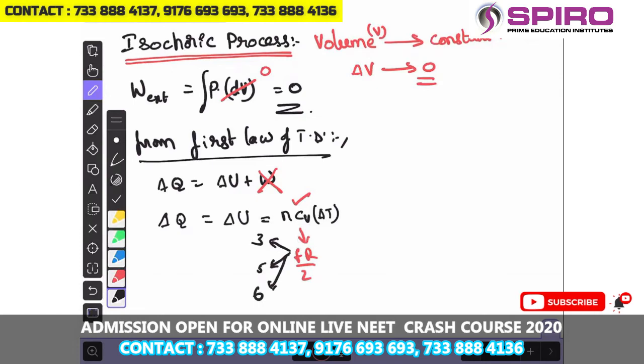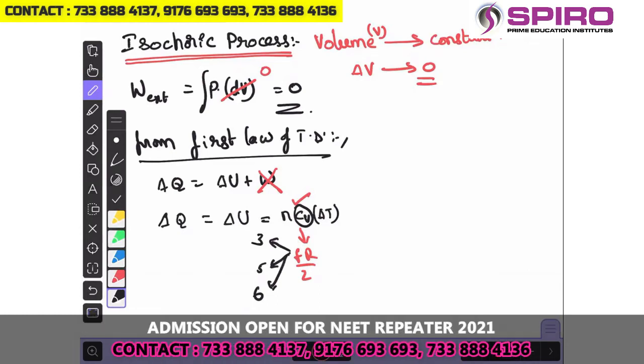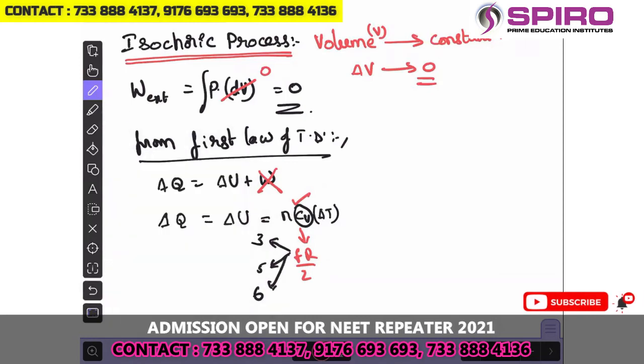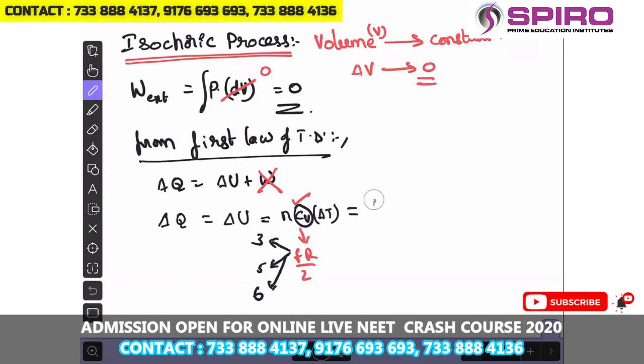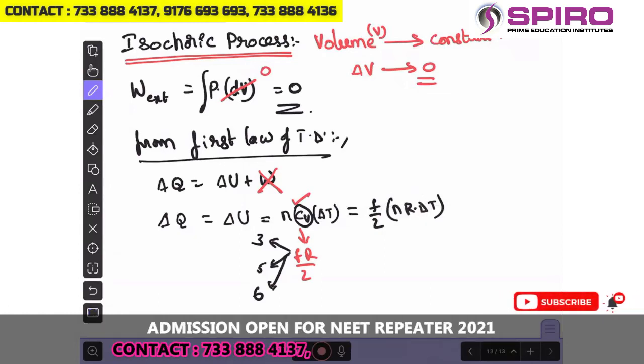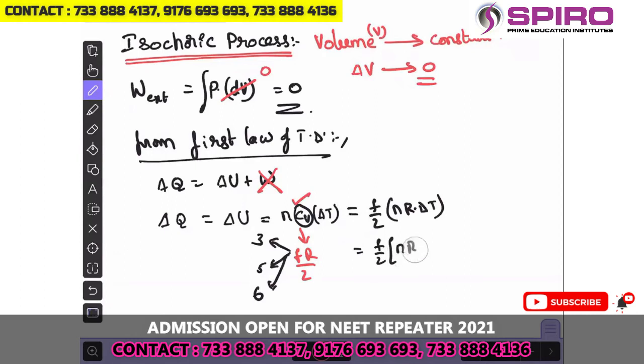Like that you can get a Cv value differently there. Also, this equation may be written as F by 2 into nR delta T. If the temperature change is from T1 to T2, this can be written as F by 2 into nR into (T2 minus T1).